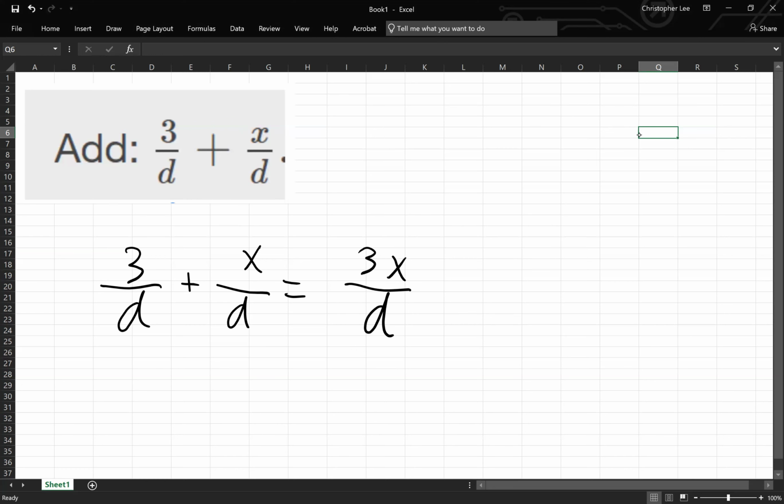When I have the same denominator, I can add the numerators. Well, technically it's 3 plus x over d, but you get the idea.